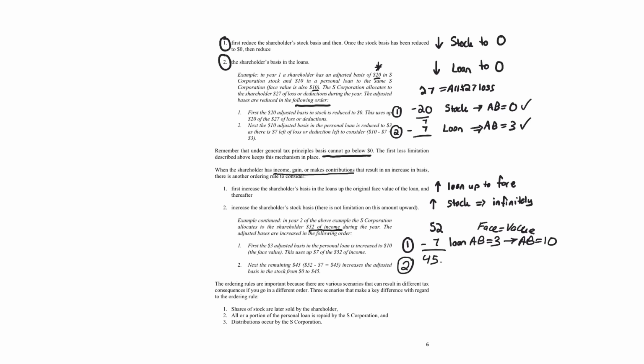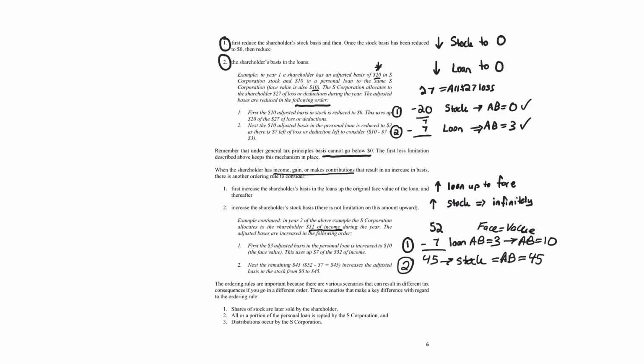And all 45 gets allocated to the stock, because our basis was 0 in year 1 at the end. Now our adjusted basis in the stock equals 45. So again, when you're reducing basis for loss, the order is stock first, then loan, both down to 0, then you can't go past that anymore. And then it's the reverse order when you increase.